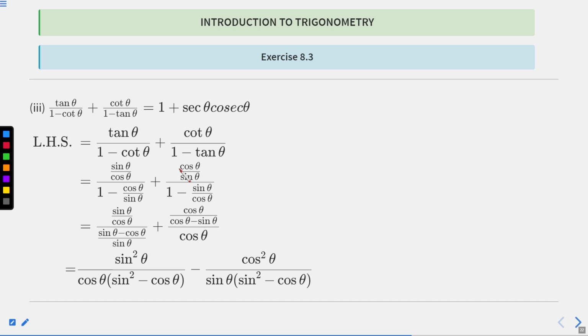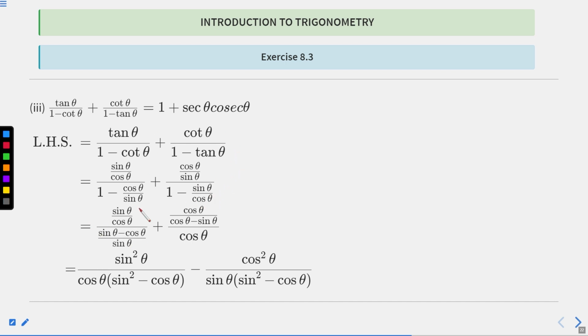So left hand side this is equal to tan theta by 1 minus cot theta plus cot theta by 1 minus tan theta, this is equal to sin theta by cos theta divided by 1 minus cos theta by sin theta plus cos theta by sin theta divided by 1 minus sin theta by cos theta.